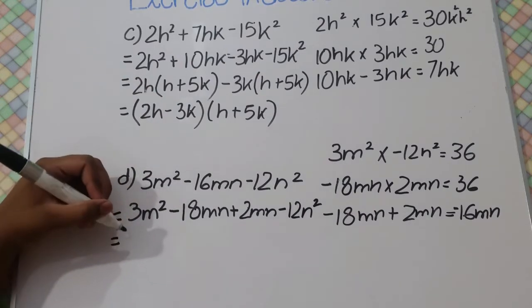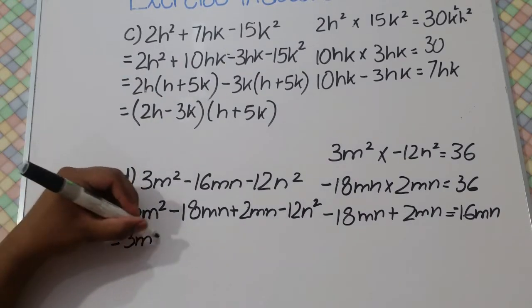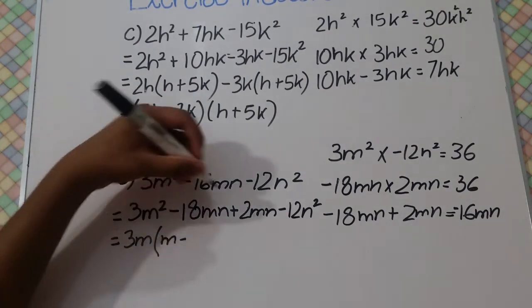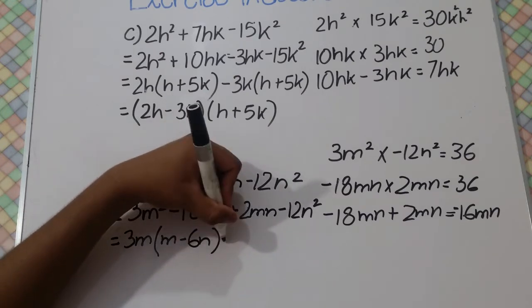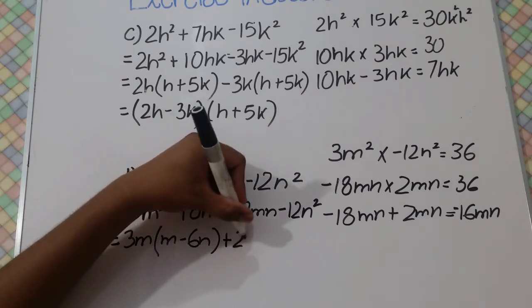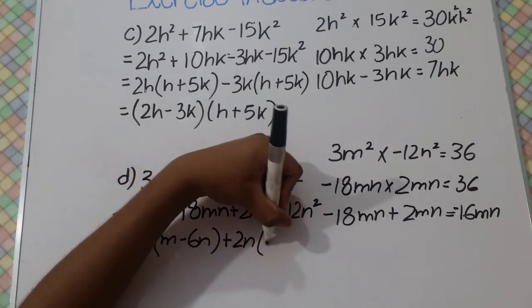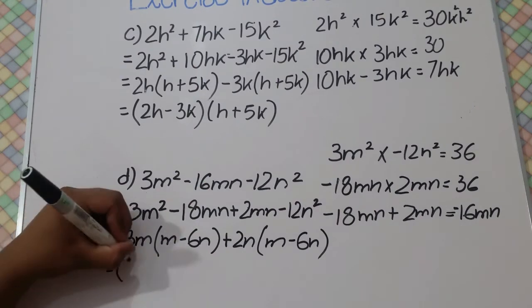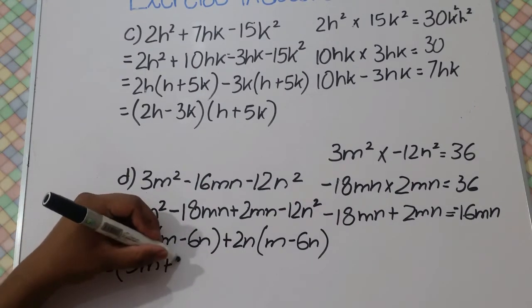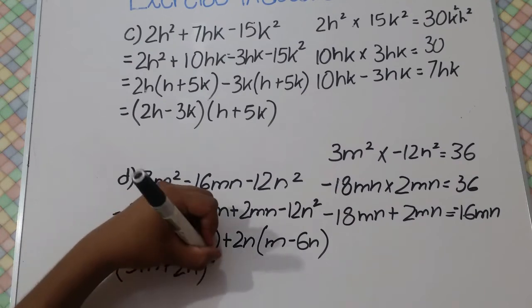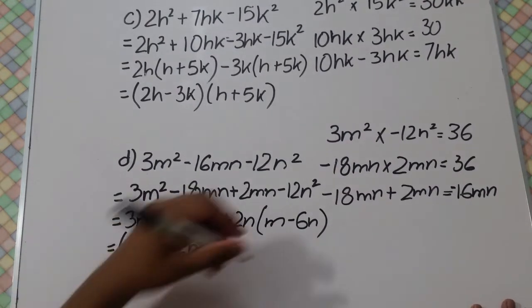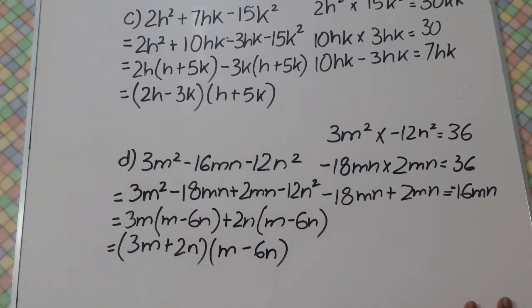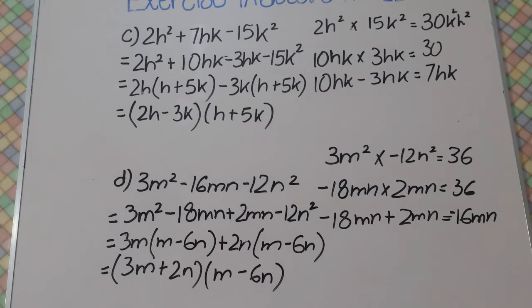Then we are going to take the commons: 3m, then m minus 6n, then another common 2n and m minus 6n. So one time 3m plus 2n and one time m minus 6n. So this is how we have solved part C and part D.